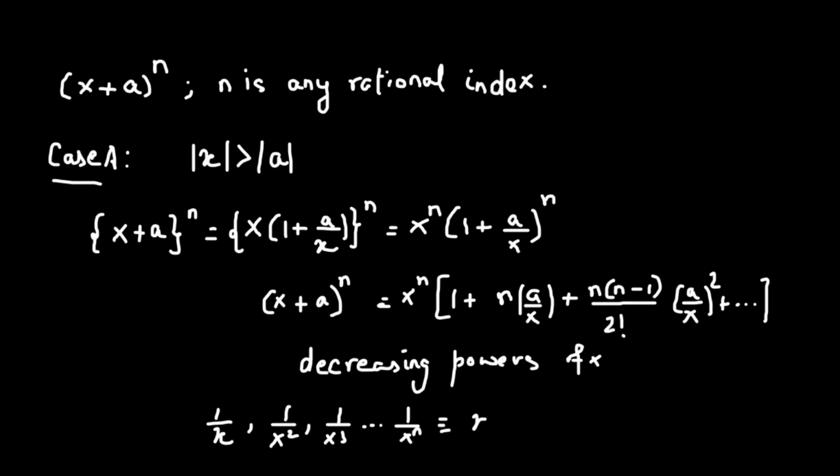When we take the x from the denominator to the numerator, we get x inverse, x raised to the power of minus 2, x raised to the power of minus 3, all the way up to x raised to the power of negative n. So here we say the powers of x are decreasing. That's what I meant to say.